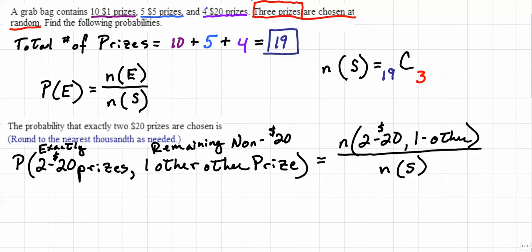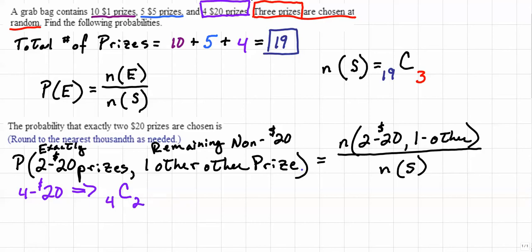The first thing to examine is the fact that we have 4 $20 prizes. And if there are 4 $20 prizes and I want to choose exactly 2 of them, that means it's going to be 4 combination 2, or 4C2.